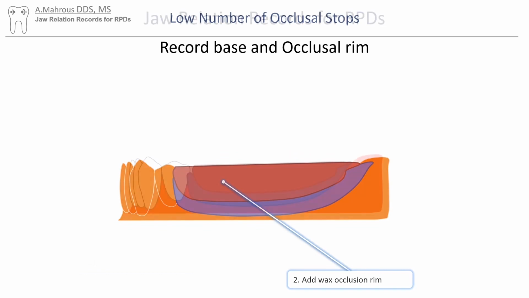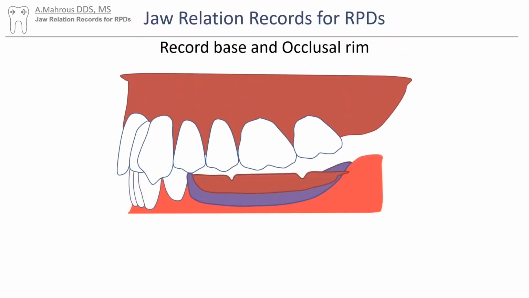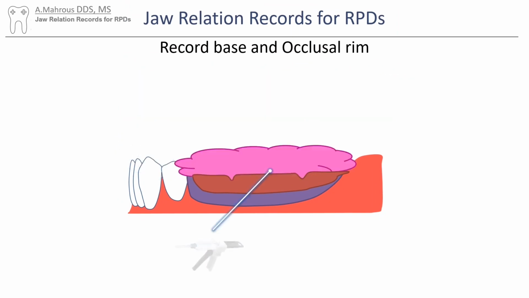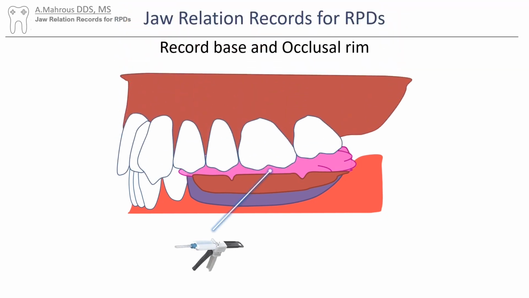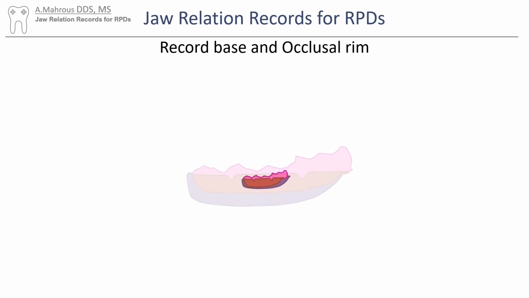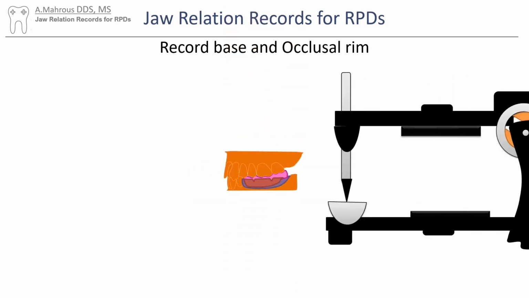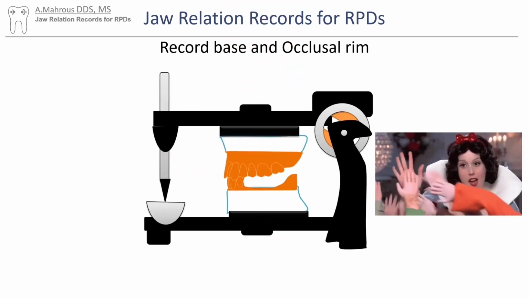They are both taken to the patient's mouth. The wax rim is then adjusted so that it does not interfere with the patient's occlusal stops. A bite registration material is used, and the patient is instructed to bite down. After the bite registration material fully sets, the complex is removed and replaced back on the cast, where it can be used to remount the cast.